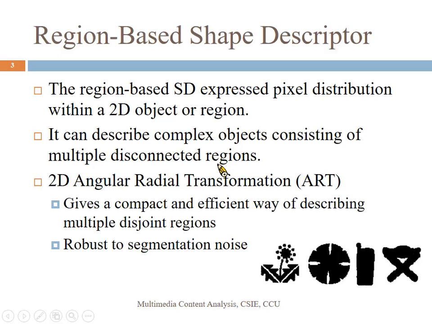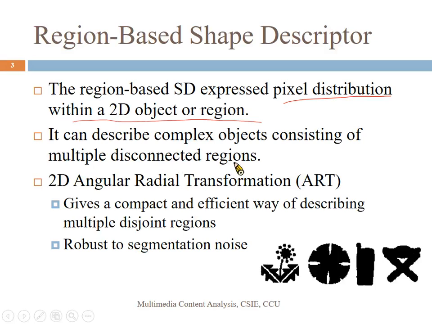So the first one is the region-based shape descriptor. Such a descriptor expresses pixel distribution within a 2D object or region. First we find a 2D region covering the target object, and then we extract shape features from such a region. Such a shape descriptor can describe complex objects consisting of multiple disconnected regions.